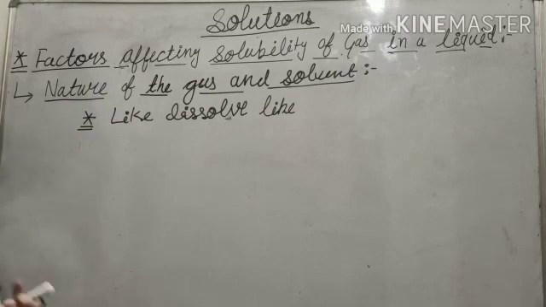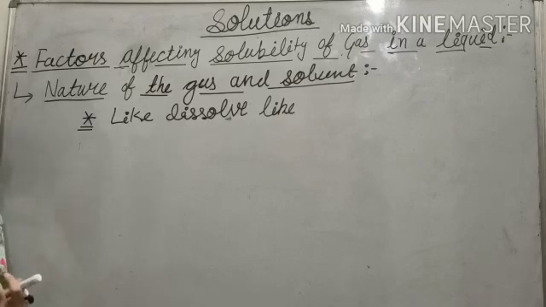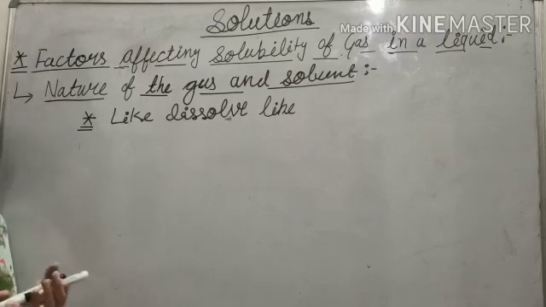For example, oxygen is slightly soluble in water, but HCl is highly soluble in water. It means their nature affects the solubility of a particular gas in a liquid.